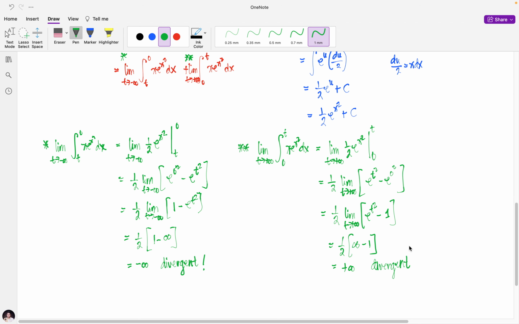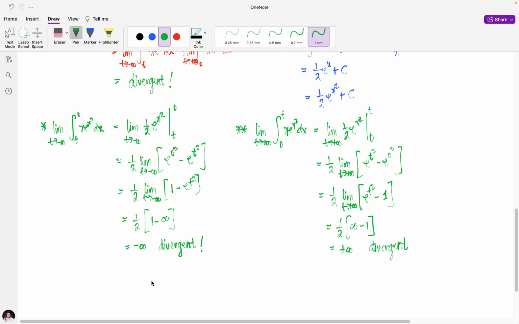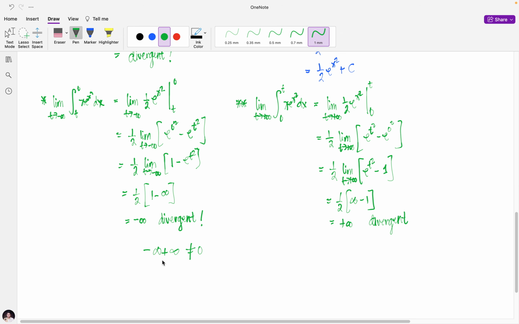Okay, so therefore, this one here is divergent. Okay, so by the way, if ma-confuse kayo, kasi pwedeng ito, that is negative infinity plus this one positive infinity, this is not equal to 0 because we don't know the real value of infinity.